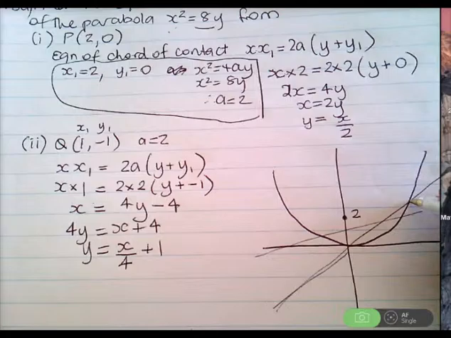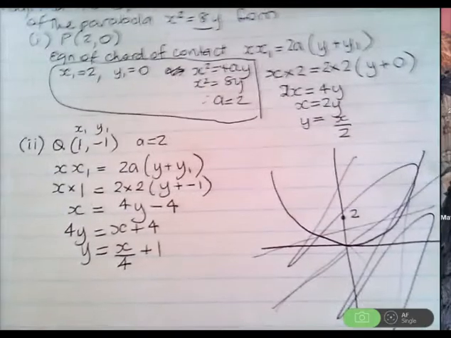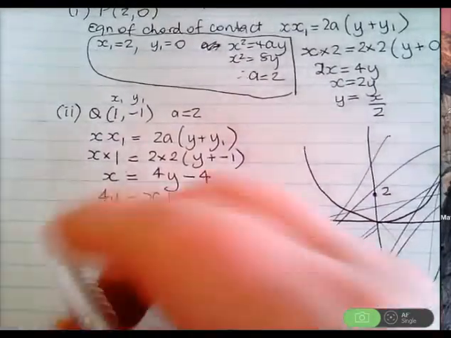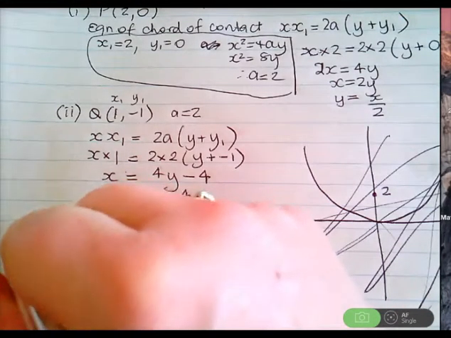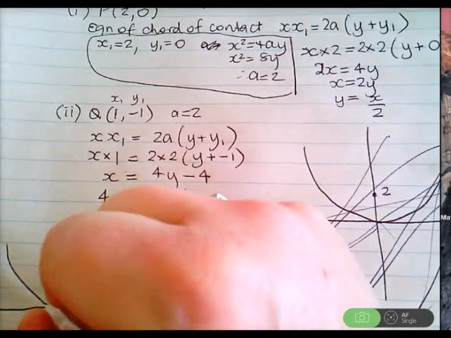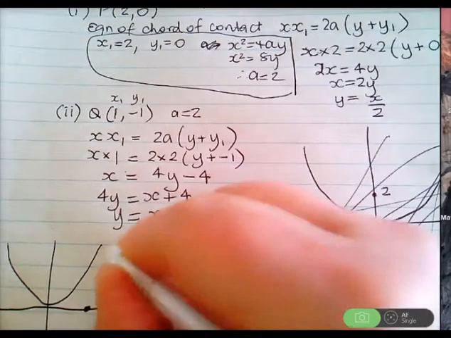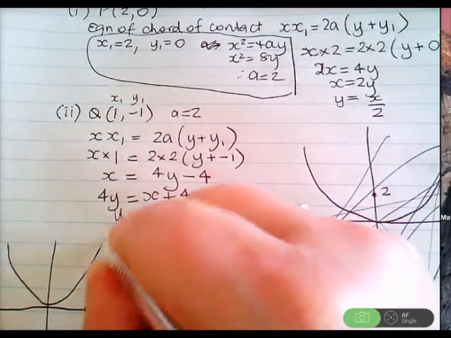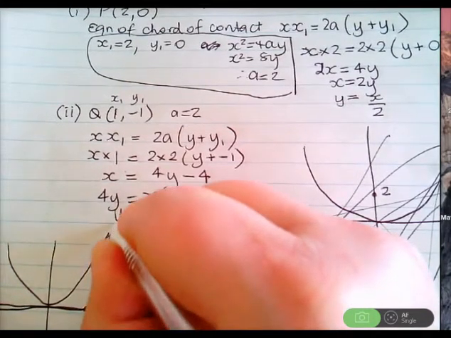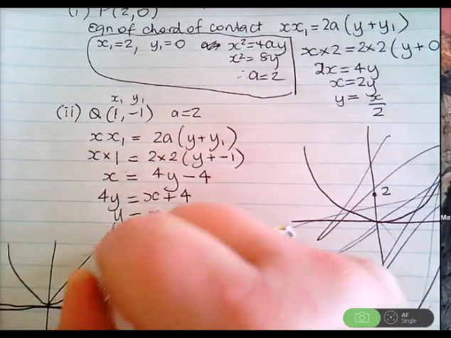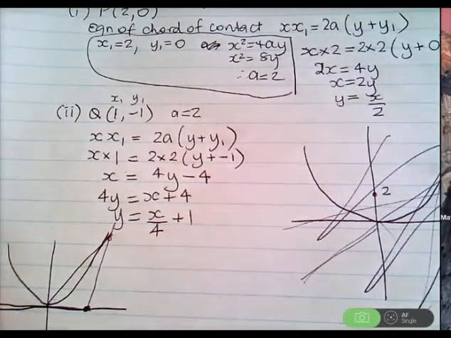All right, I'll show you. The first point, the external point, is 2, 0, which is here. So the chord of contact is: you draw a tangent there and a tangent there, and it's this line between the two tangents.